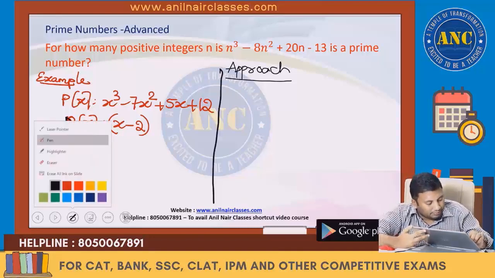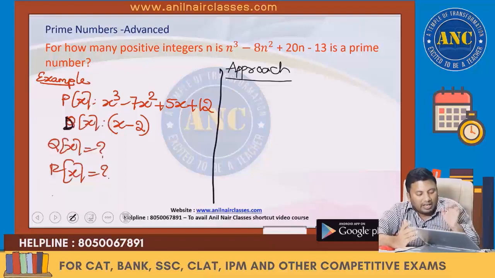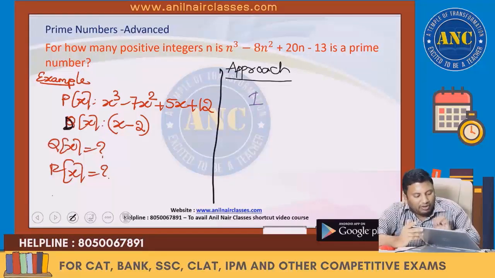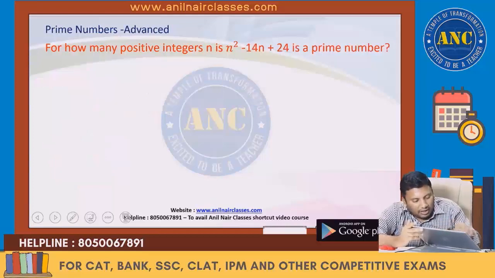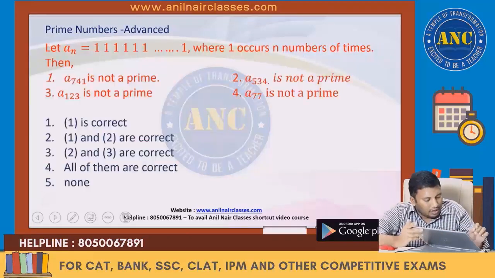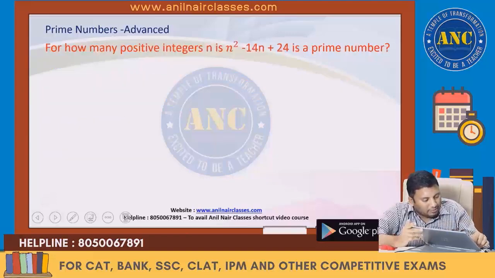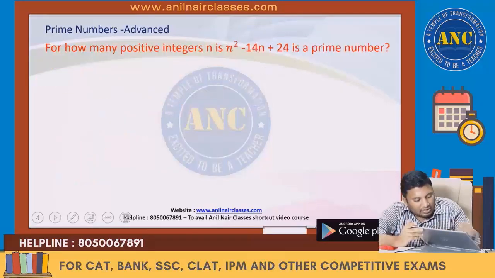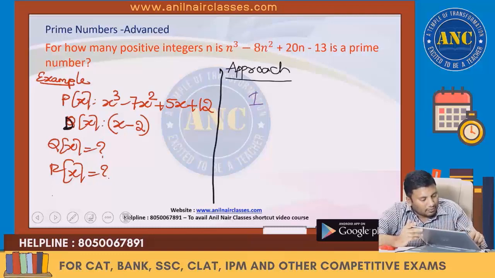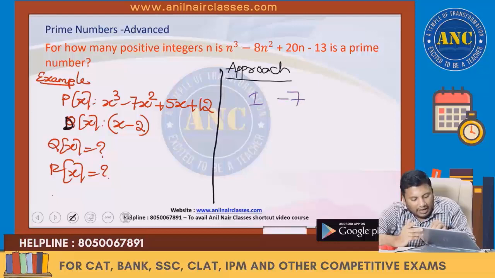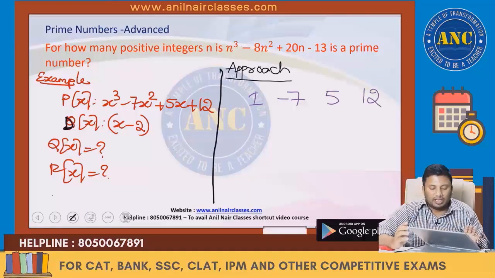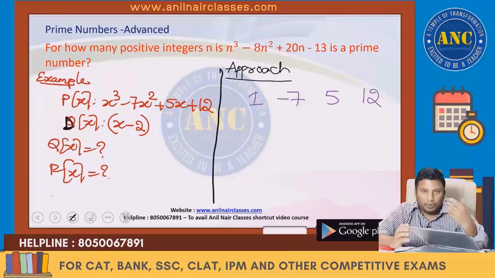Step number 1: write down the coefficients of the expansion in serial order. X cube coefficient is 1. X square coefficient is minus 7. X coefficient is 5. Constant is 12. If something is missing, suppose 5x is missing, put a 0 there.